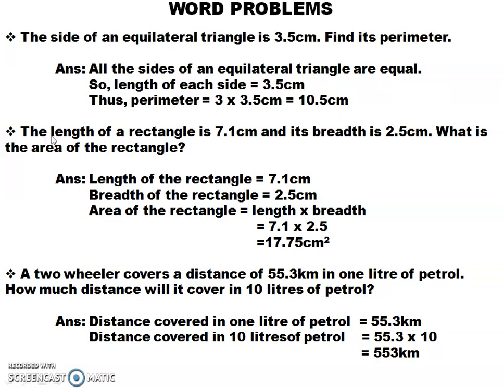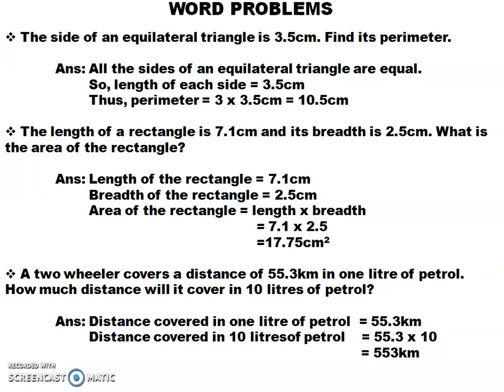Next question. The length of a rectangle is 7.1 centimeter and its breadth is 2.5 centimeter. What is the area of the rectangle? Students, tell me what is the shape mentioned here? The shape mentioned here is a rectangle. So you should know what is the formula for area of the rectangle.